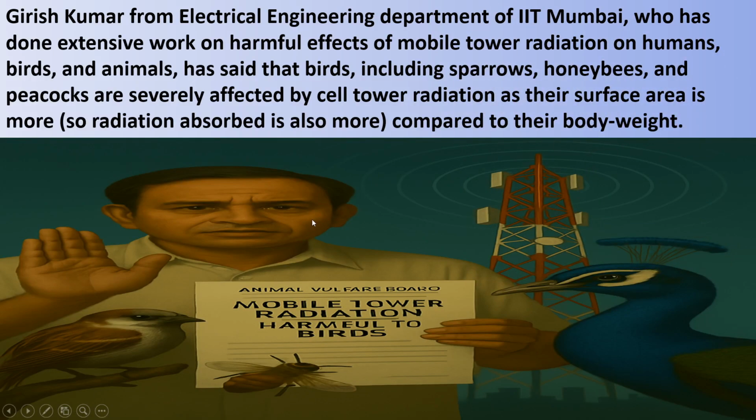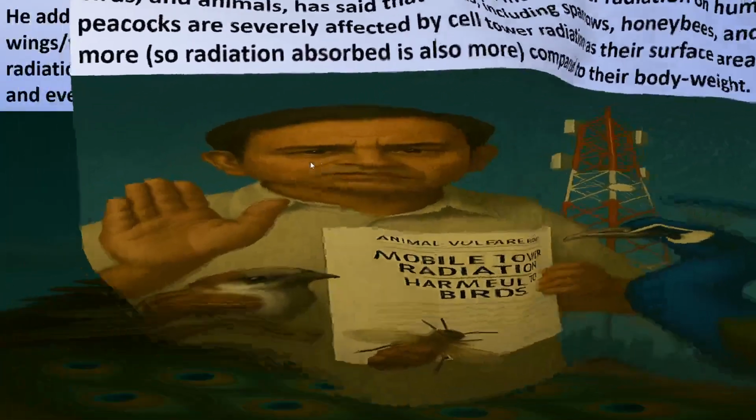Girish Kumar from Electrical Engineering Department of IIT Mumbai, who has done extensive work on harmful effects of mobile tower radiation on humans, birds, and animals, has said that birds, including sparrows, honeybees, and peacocks, are severely affected by cell tower radiation as their surface area is more, so radiation absorbed is also more compared to their body weight.